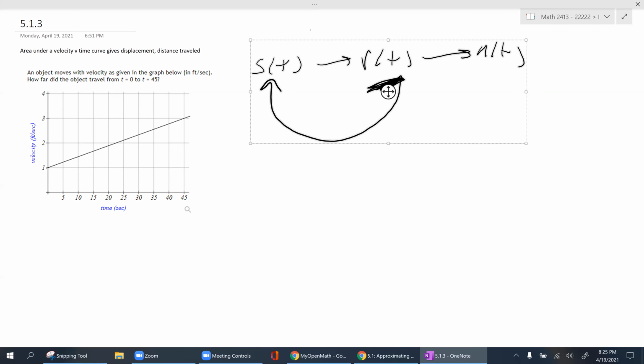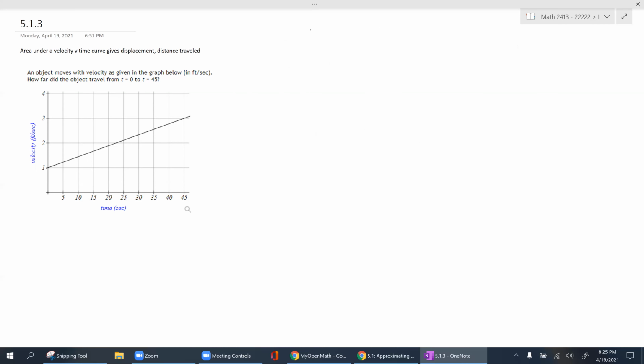If you take the derivative of position, it gives you velocity. So here, an object moved with this velocity over the given amount of time. You want to know how far the object traveled, how much distance was covered between 0 seconds and 45.